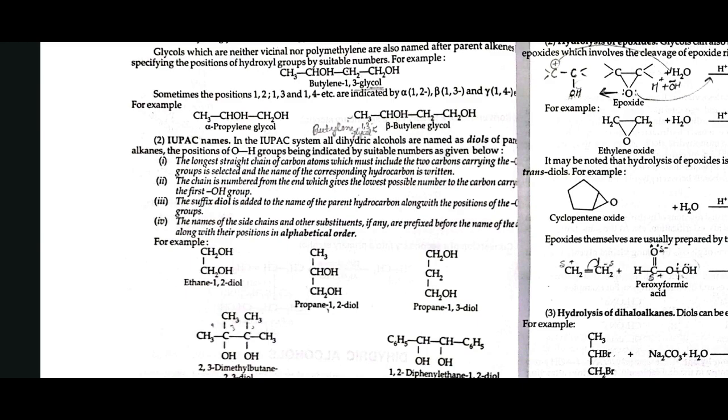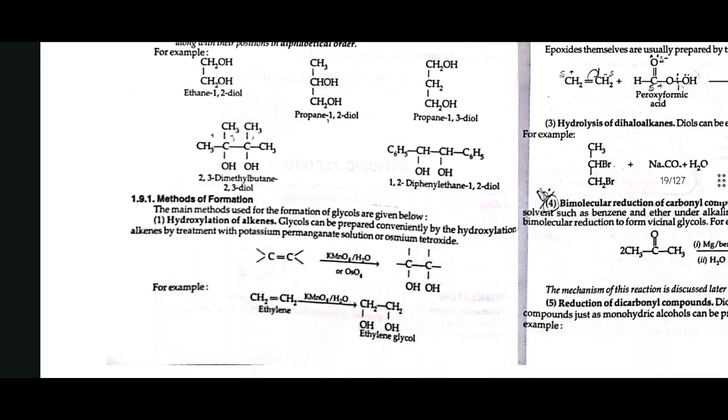The chain is numbered from the end which gives the lowest possible number to the carbon carrying the first OH group. The suffix diol is added to the name of the parent hydrocarbon along with the positions of the OH groups. The names of the side chains and other substituents, if any, are prefixed before the name of the compound along with their positions, in alphabetical order.